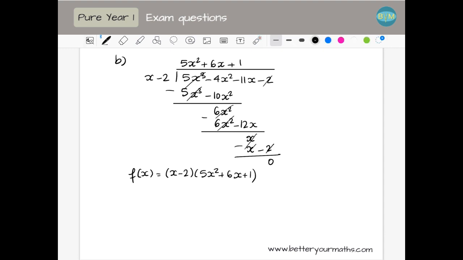So I'm going to write 5x squared plus 6x plus 1 as 5x squared plus 5x plus 1x plus 1. Yeah, so we say the numbers are 5 and 1. So what we do is split this 6x into 5x and 1x.